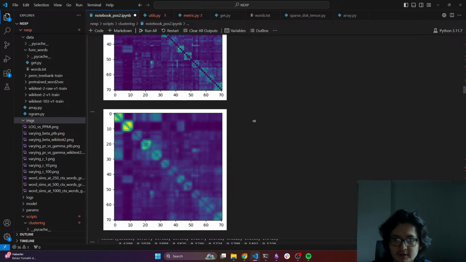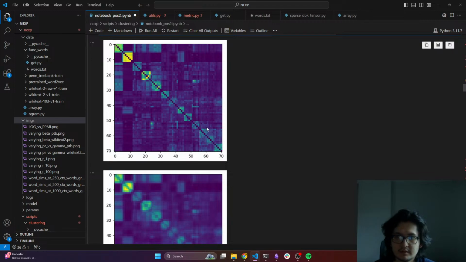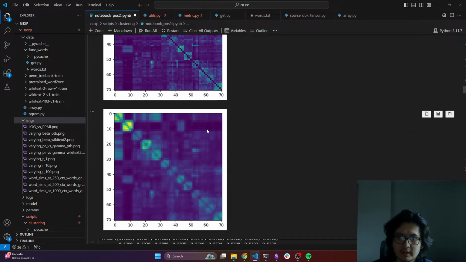I mean, Gaussian filter has absolutely zero use in this case, but it kind of makes these clusters a bit more clear, right? Look, 1, 2, 3, 4, 5. Although this is not that well defined, but whatever. And it's all proportional, by the way.